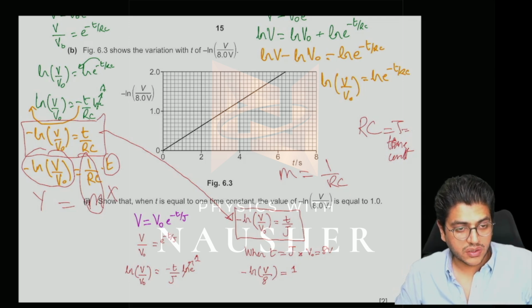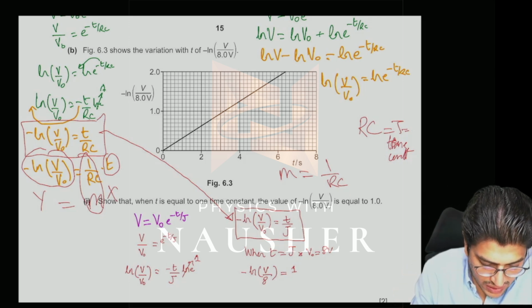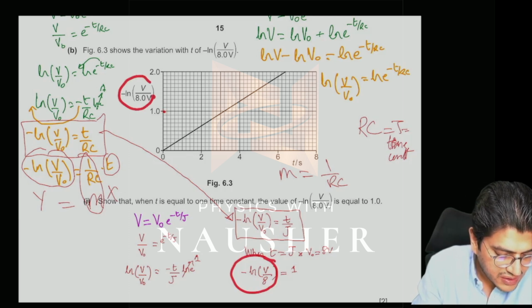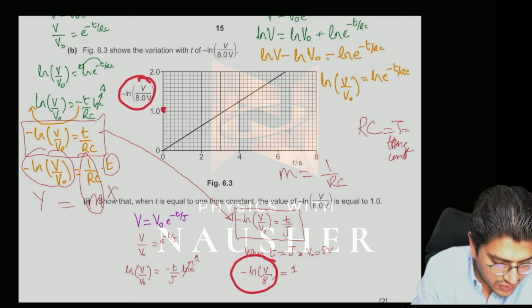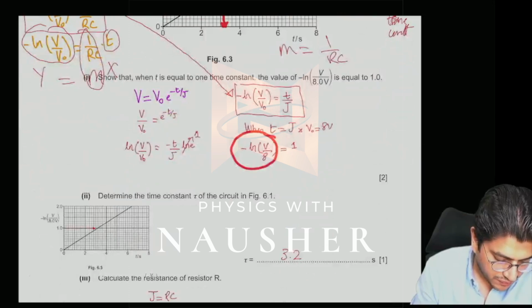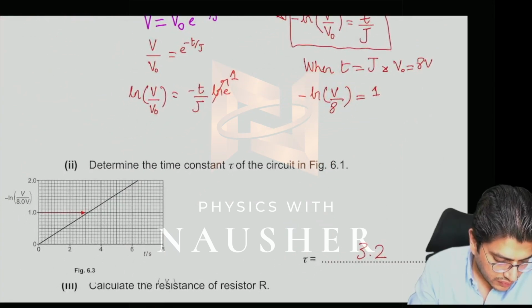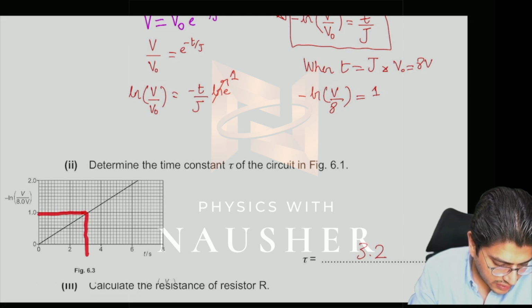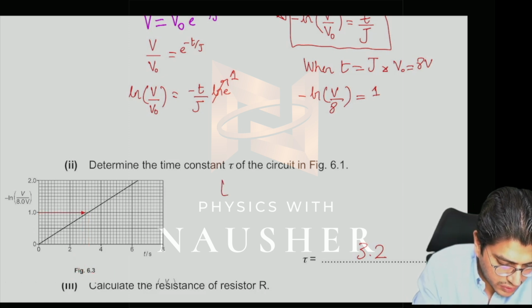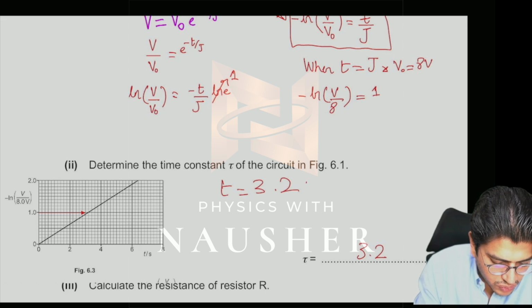And look at the graph. When minus ln V over 8 is equal to 1, what is the value of the time? Look at this. You'll get the value of time. When you look over here, the value of time that you get is 3.2 seconds.